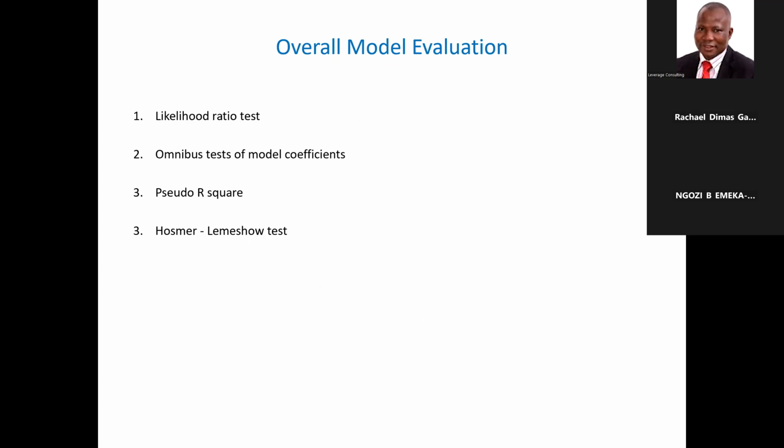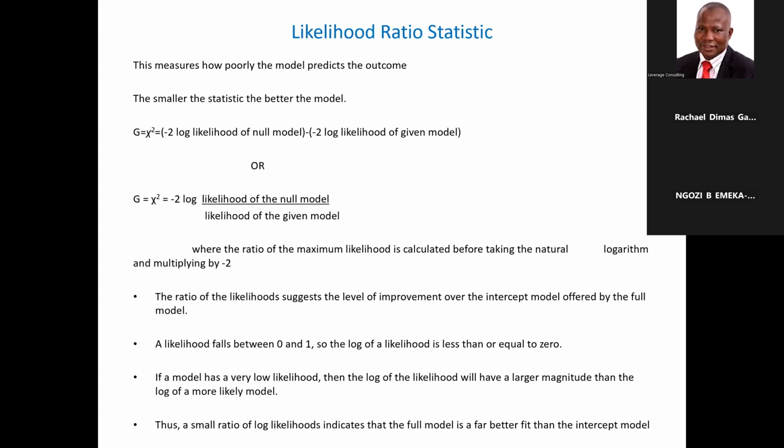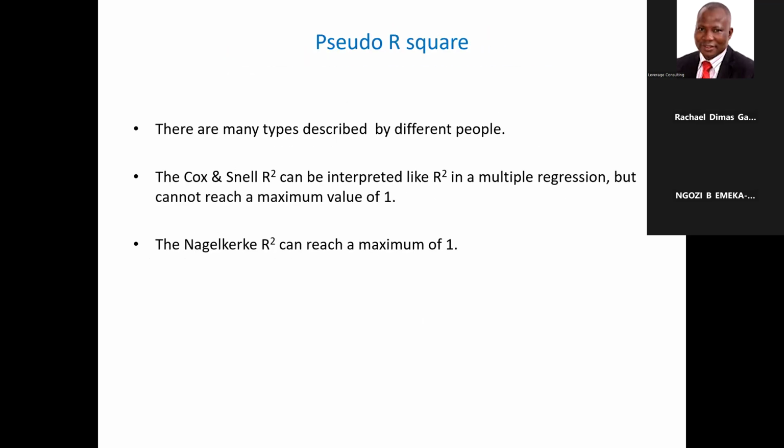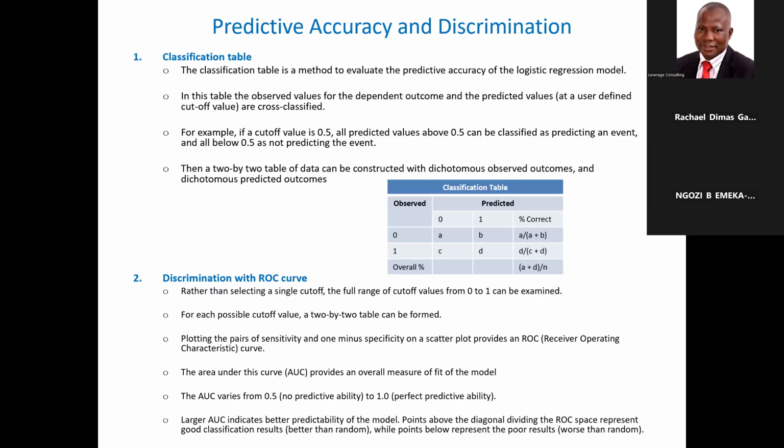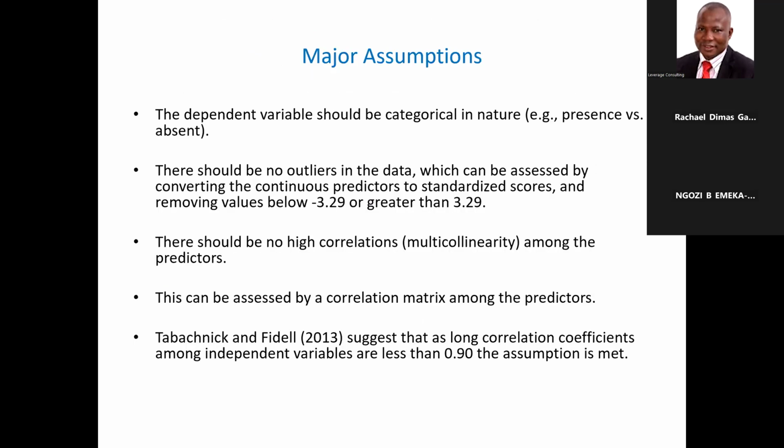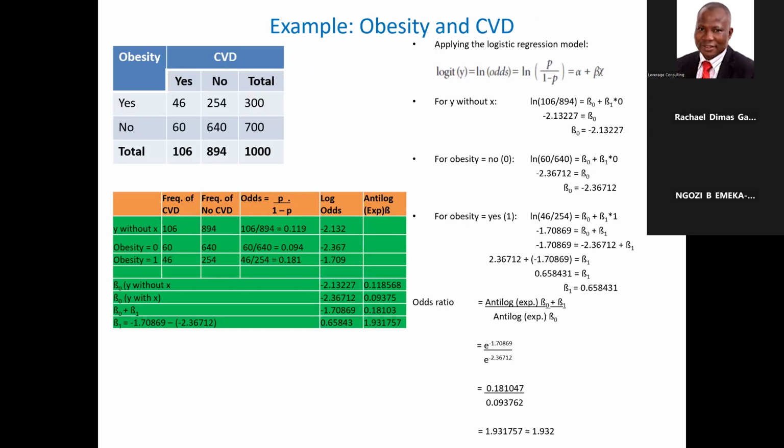It's there, but in interpreting logistic regression, the most important thing is for you to understand the odds ratio. I will tell you something about the Wald statistic when we run one, because it's a form of chi-square. So let's just go to an example.